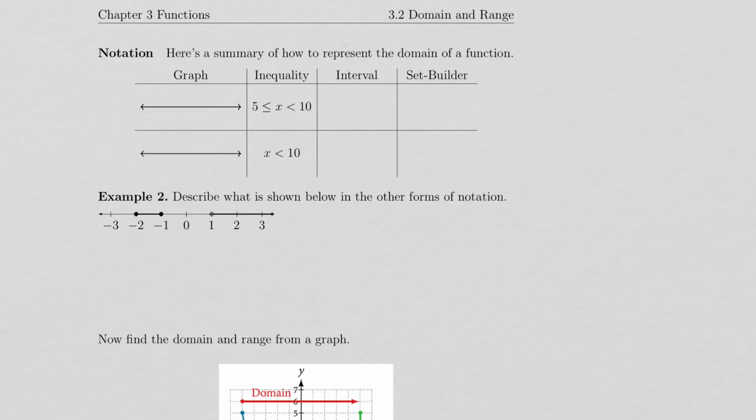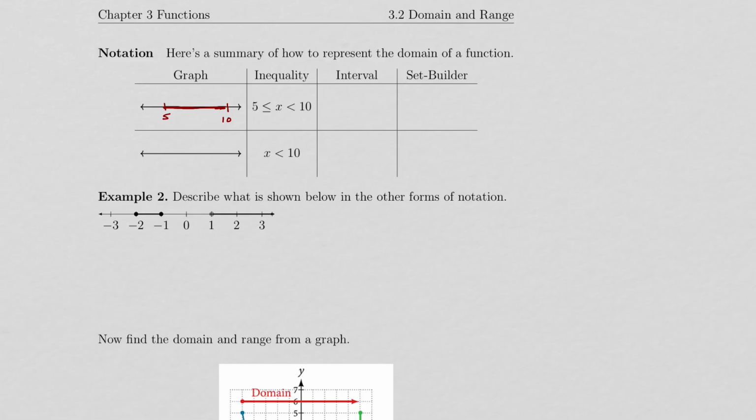Remember how to read this: x is greater than or equal to 5 and less than 10. Okay, so graphically, what does that look like? Let's say 5 is here, 10 is here. So it's going to be everything in between, right? All those numbers will work.